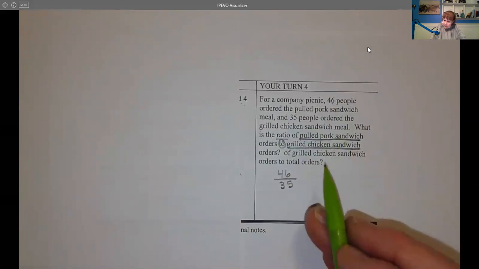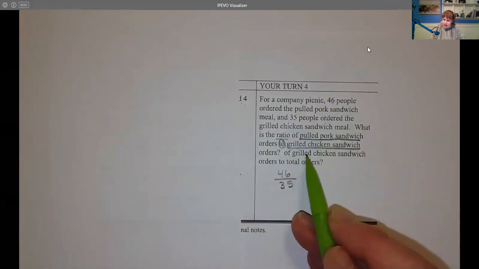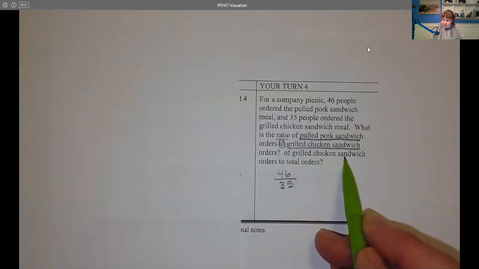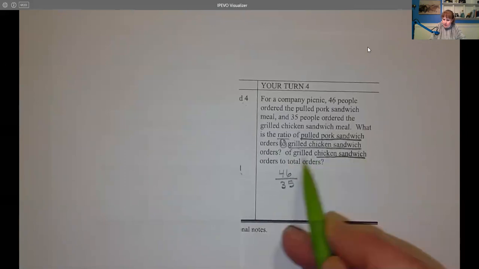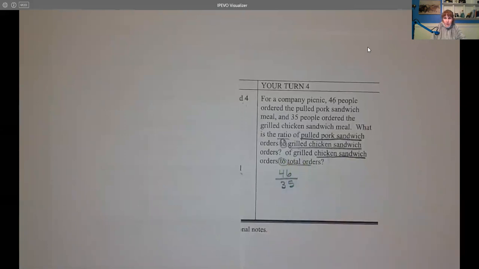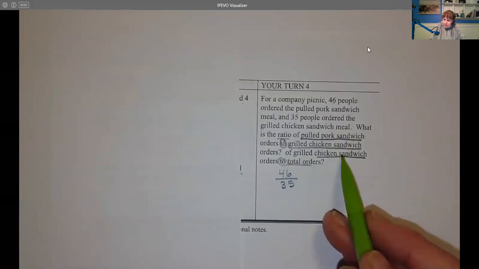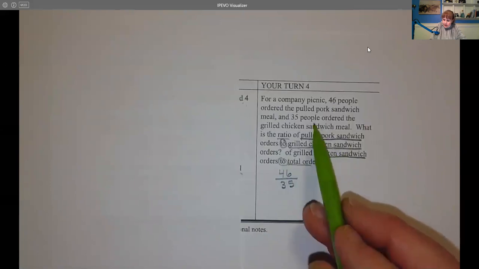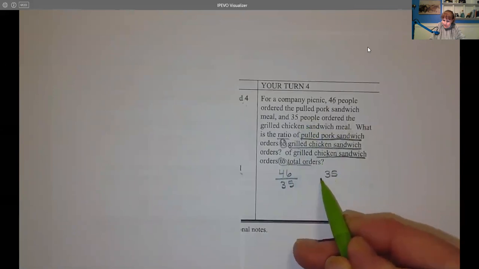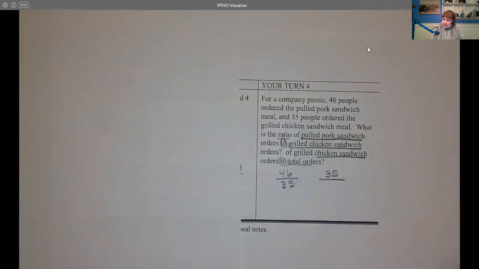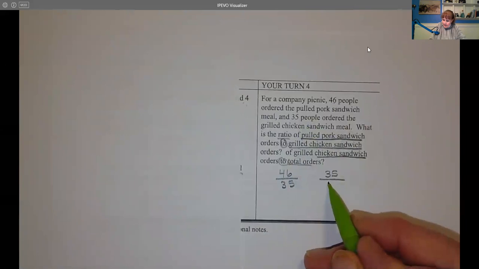Now here we have another question. How about of the grilled chicken sandwich orders to the total orders? So we've got the grilled chicken to the total orders for this next question. The grilled chicken is 35. The total is 81.